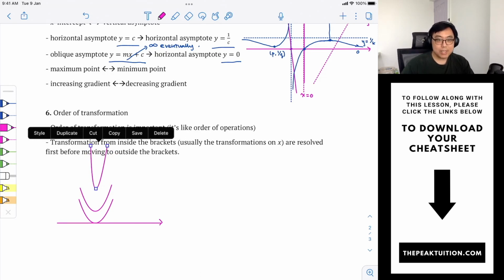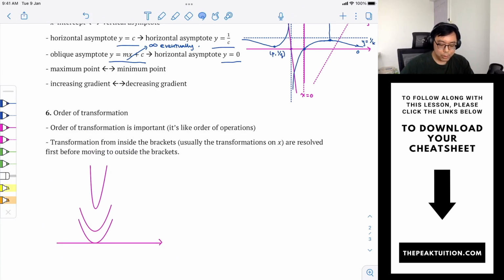This is also known as scaling with x-axis invariant, just a quick recap. So it will look something like this if we translate first and then scale it.